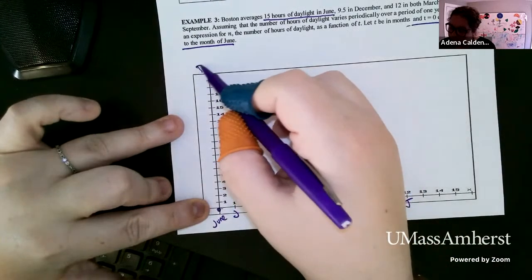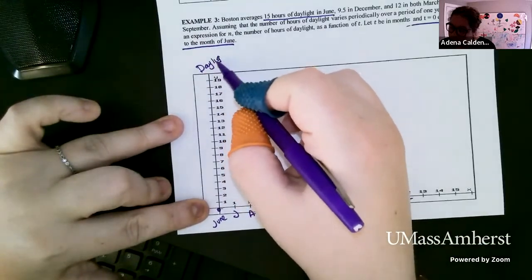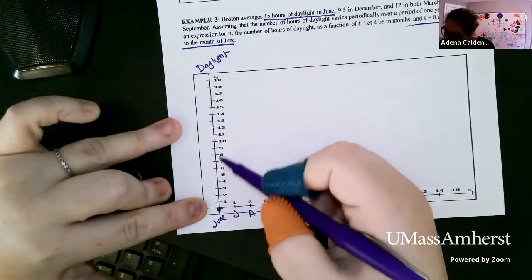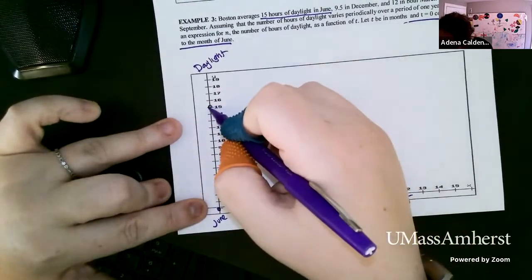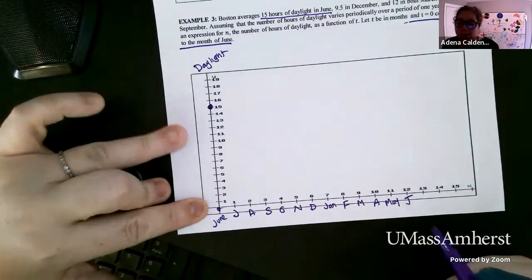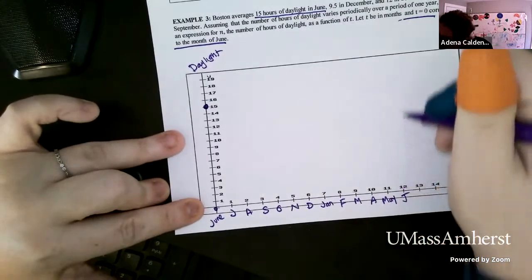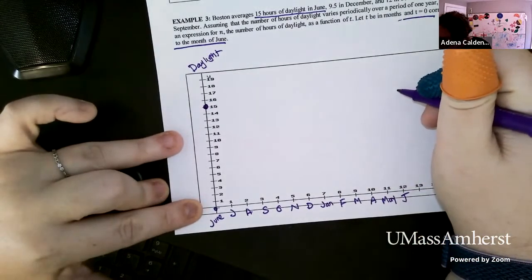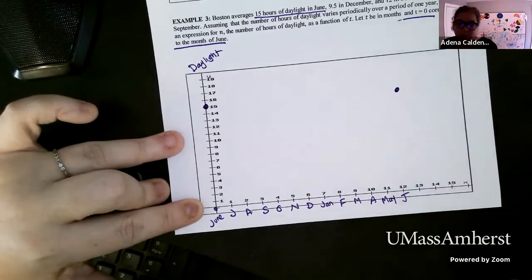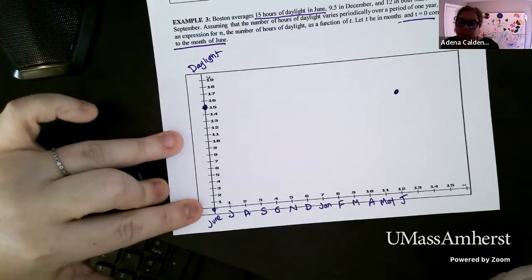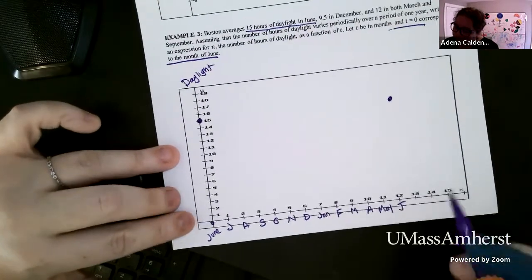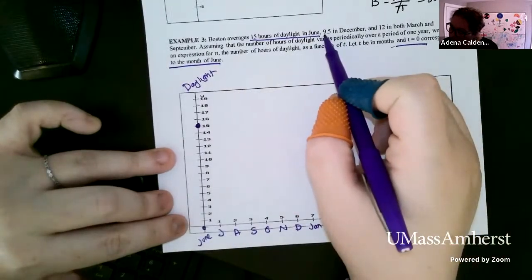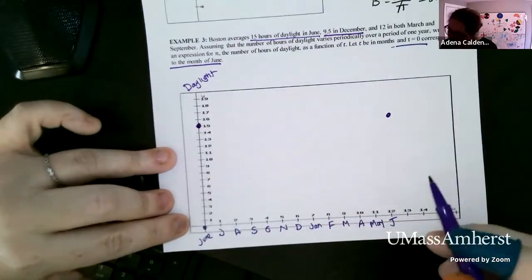So that's what's coming up here, daylight. Okay, so at time equals 0, I'm going to go up to 15. So I know it's got to be 15 here. And then again, 12 months later, right, 15, 15. Okay, so that's the first piece of information. I also know that in December, it's 9.5.